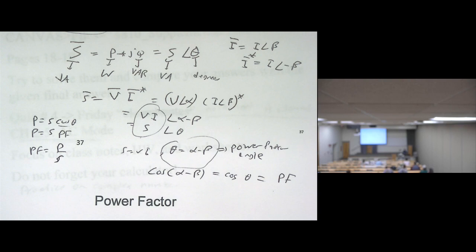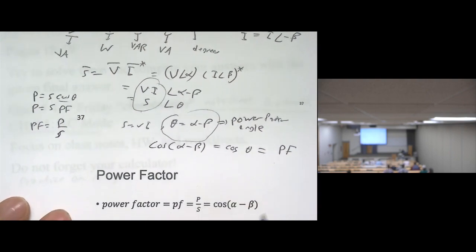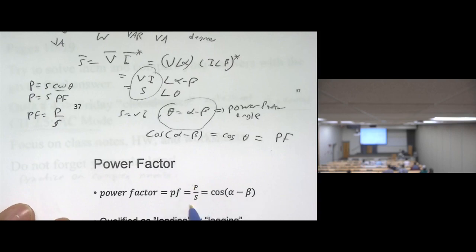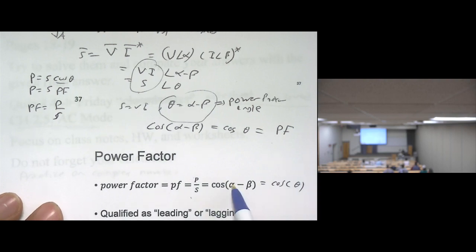If there is no bar, this is the magnitude. So we can say that power factor, PF, equals P over S, or cosine of alpha minus beta, which is the same as cosine of theta, such that alpha is the angle of voltage and beta is the angle of current. Or we can say cosine of the power factor angle.